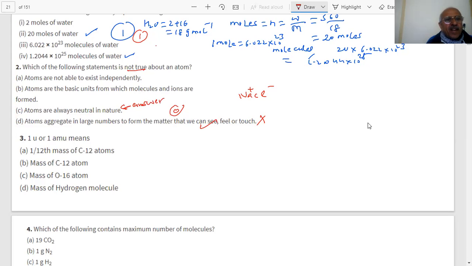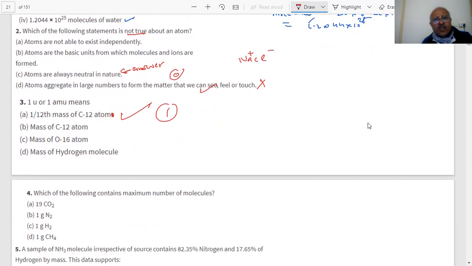One u or one amu means, Sir, A part: 1/12 mass of C12 atom. That is the correct answer, because all the relative atomic mass scale we told you is with respect to the carbon 12 atom. So one u will be 1/12 the mass of the carbon 12, students. Okay, that is the correct answer.